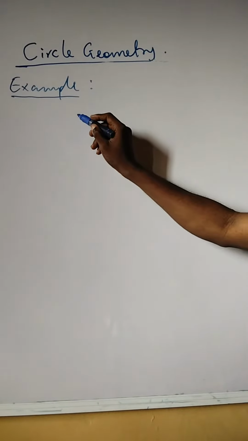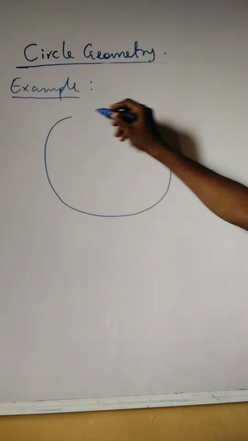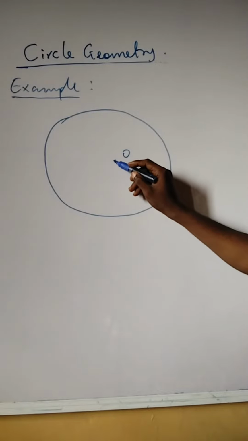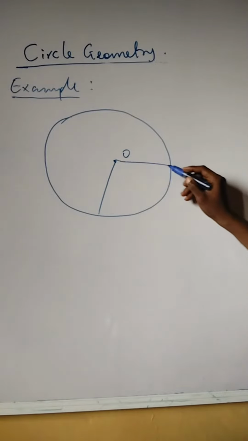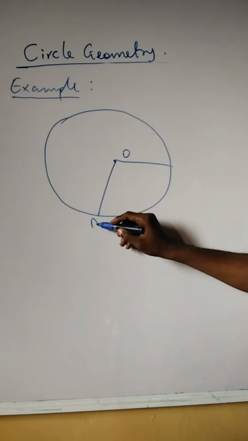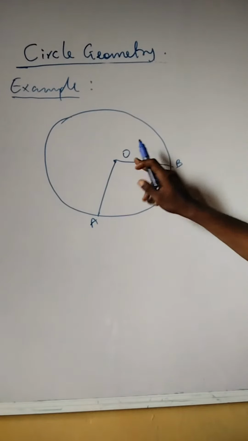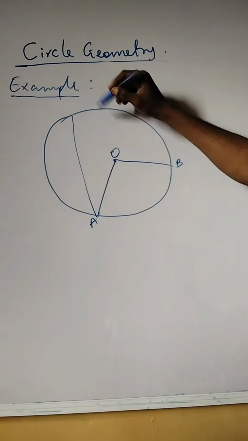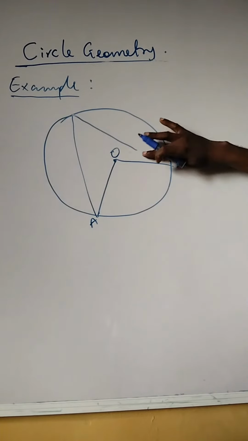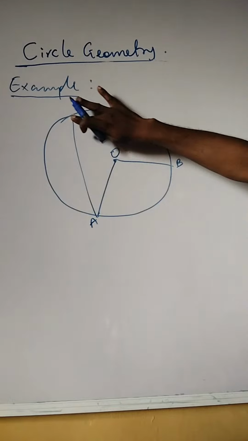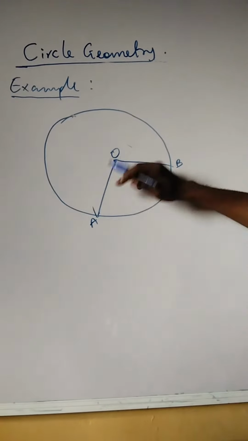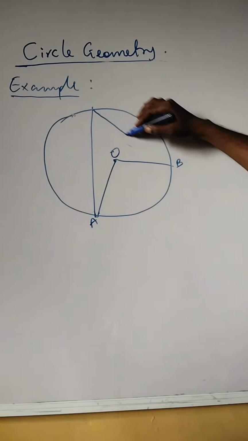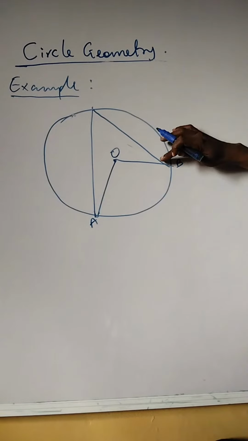We have a circle, center O, and we are given this line here labeled as A, B here. Of course, this center and an angle is formed at the circumference here, which is labeled as C. So this is labeled as C at the circumference.